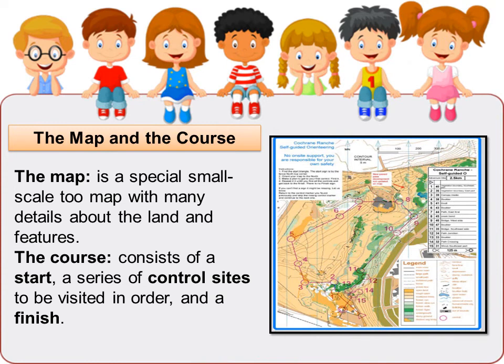Now, let's proceed to the map and the course. So, what is a map? The map is a special small-scale map with many details about the land and features. What is a course? The course consists of a start, a series of control sites to be visited in order, and a finish.